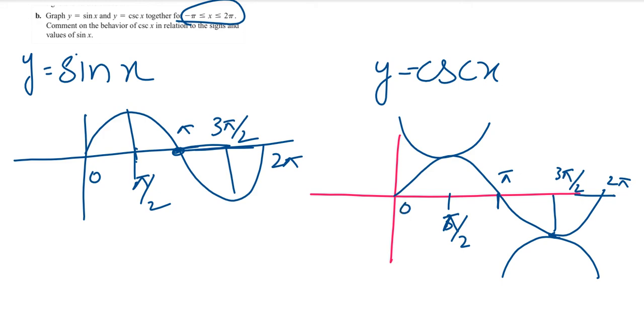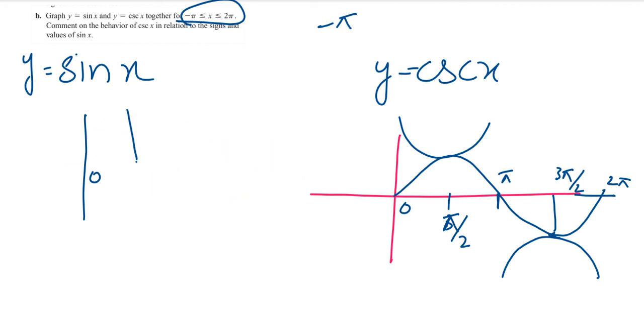We have to go from negative pi to positive pi. Alright, we have to extend it from this side. Over here is the negative pi.